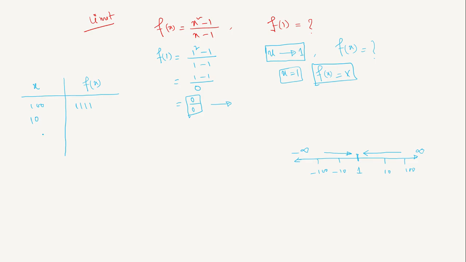Now if we put 10 here, we will have 10 squared, that is 100, minus 1, that is 99 by 9, so 11. Now if we come closer to 1, that is 0.1, if we put 0.1, then we will have 0.1 squared minus 1, so it is minus 0.99, and then 1.1.